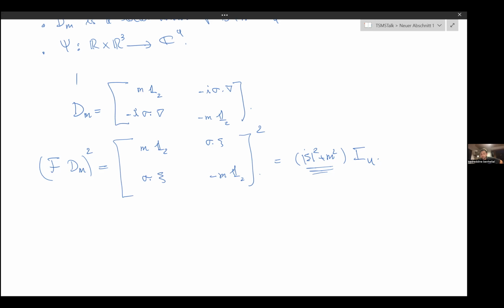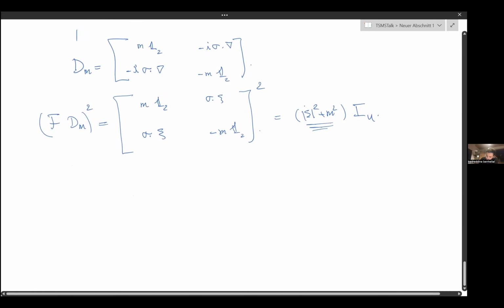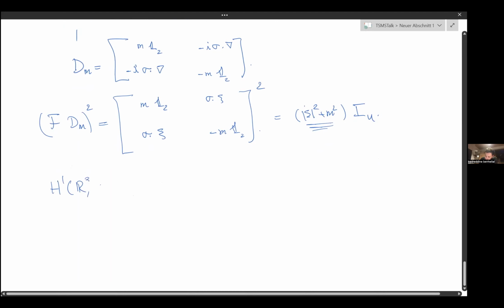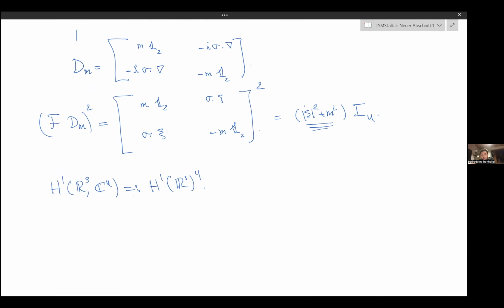And this, by definition of the first order Sobolev space, I'm going to recall here. What I note H1(R3; C4), in the following I will just denote by H1 of R3. Those are the subset of L2 of R3 such that the first derivative is in L2, the first derivative in the sense of distributions.